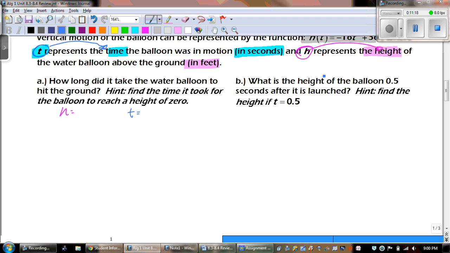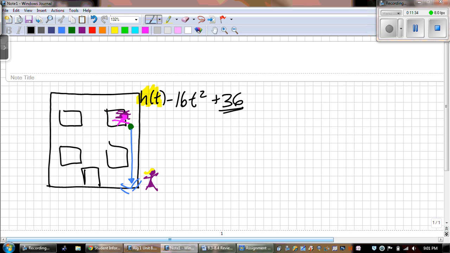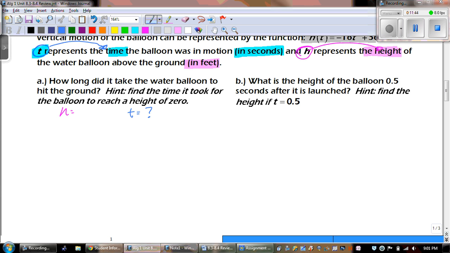They're asking how long, so they're asking about time. We don't know what the time is, and it doesn't say anything about the height. Well, when does it hit the ground? It hits the ground when the height is 0.